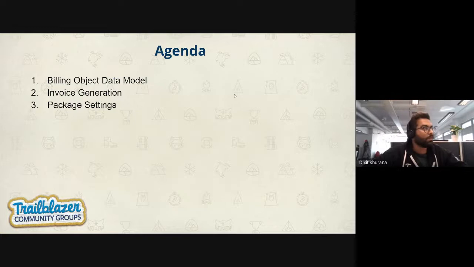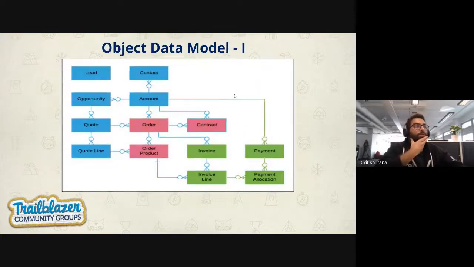So this is the object data model. Everything in Salesforce starts from the lead. Once a lead is converted, it becomes an opportunity, account, and contact. Opportunity is obviously optional, but in Salesforce CPQ we have an opportunity. Then we create a quotation inside our opportunity.